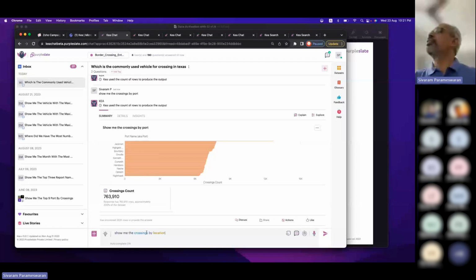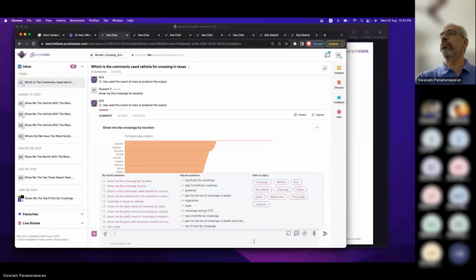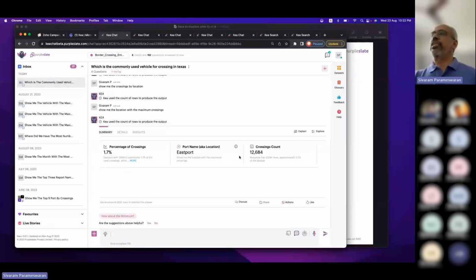It's just going to understand that I have defined port and location as a synonym for this. So it's just going to give me the same answer. This particular question I can just ask and then it's going to respond back, right?